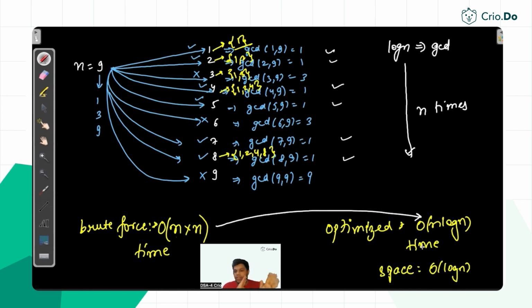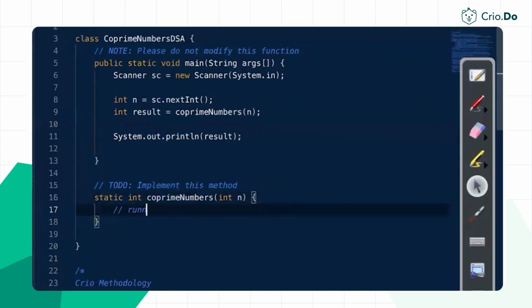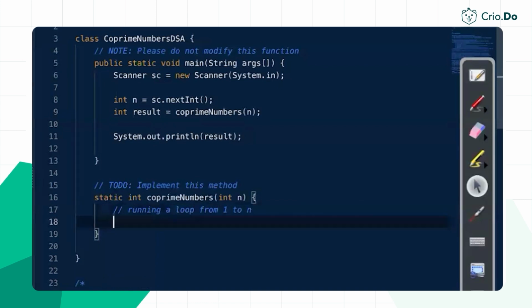Now that we know the optimized solution, we will write the instruction manual using it. For that, we are running a loop to count how many numbers are co-prime with n, running a loop from 1 till n and checking the GCD of those numbers. So check whether the GCD of the loop variable, let's say index, and n is 1 or not.